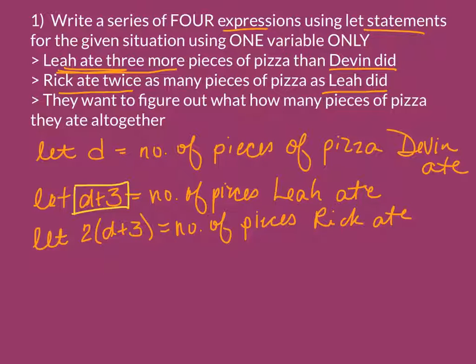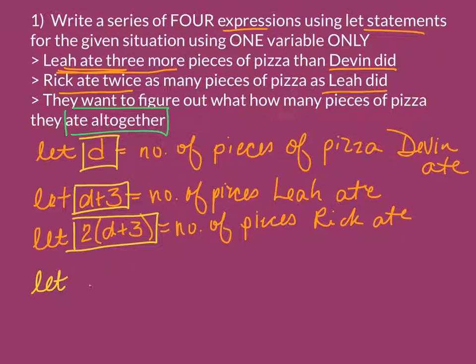I'm told here at the end that they're trying to figure out how many they ate altogether. So I know that means it's a total. I know how many each person ate, and I wrote an expression for each one. So I'm going to write my final let statement as a total, meaning I'm adding each of them together. So it's D plus D plus 3. That's how many Devin ate and how many Leah ate.